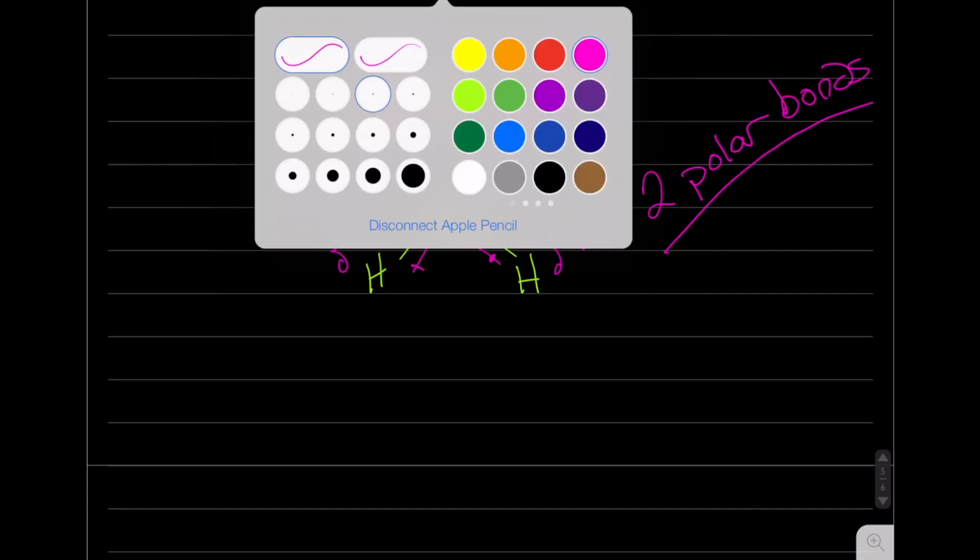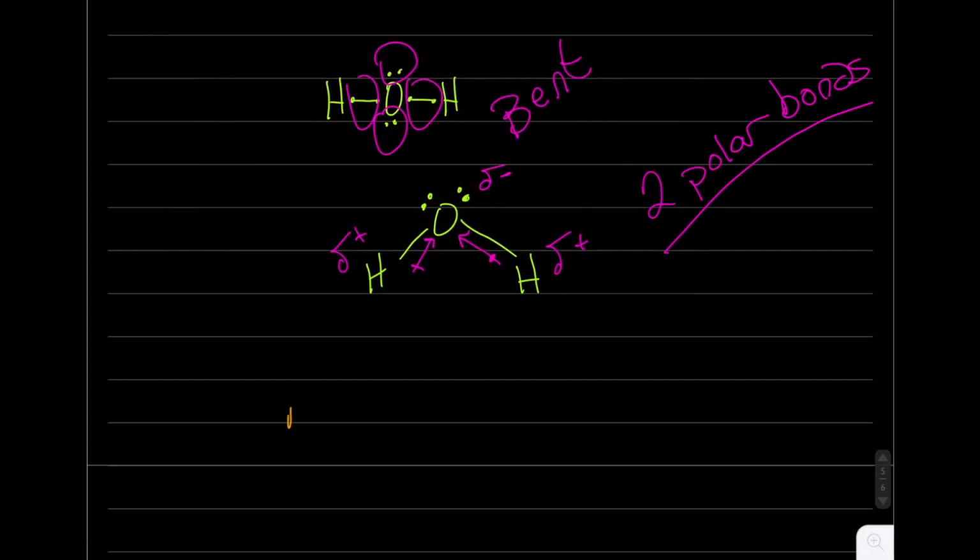What about the molecule? Is the molecule polar or nonpolar? Well, looking at the dipole moments, they're both pulling towards the oxygen, right? Meaning that the dipole moments are actually adding up.